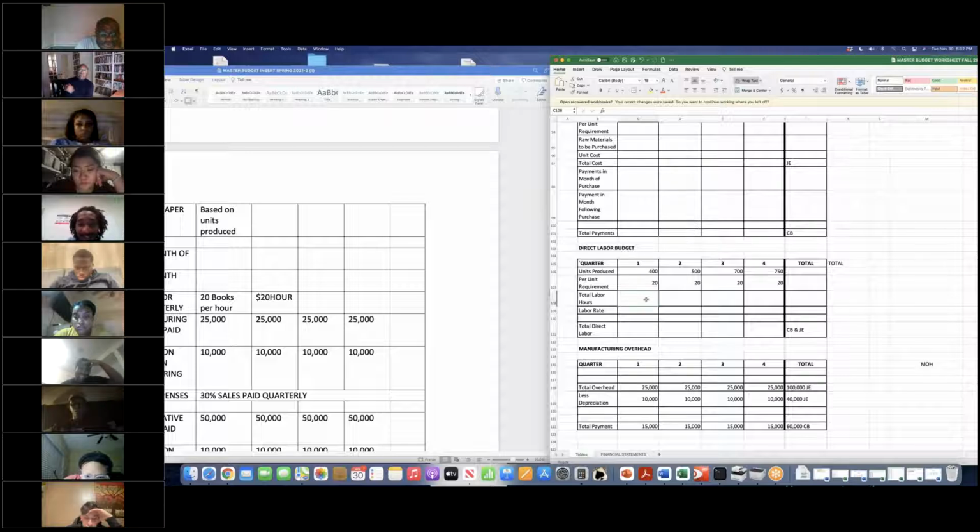No, the labor hours. How many hours are they gonna work? If they're supposed to make 400 items and they make 20 in an hour, how many hours does it take to make those 20? 20? About 20.